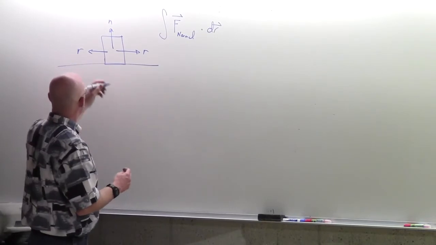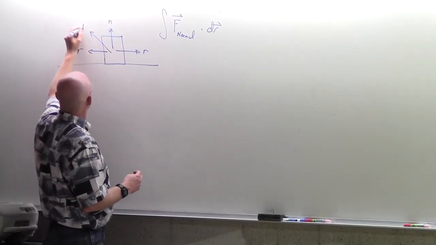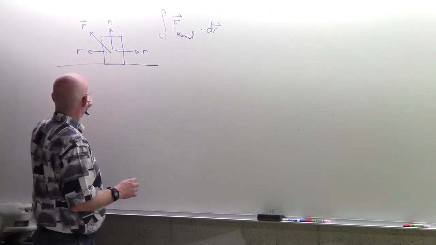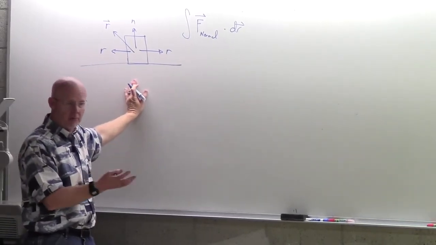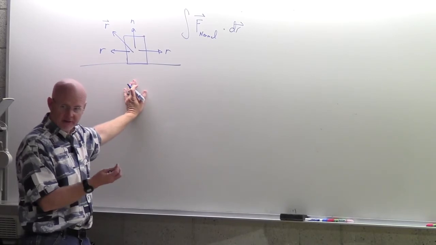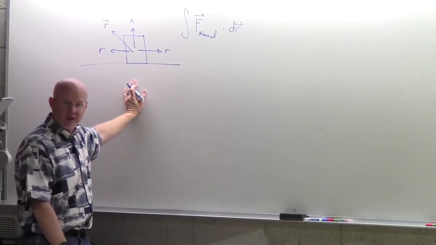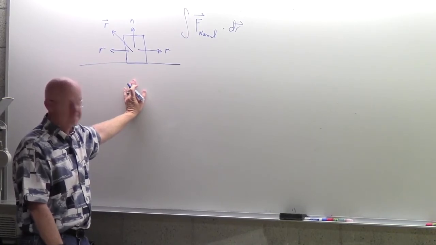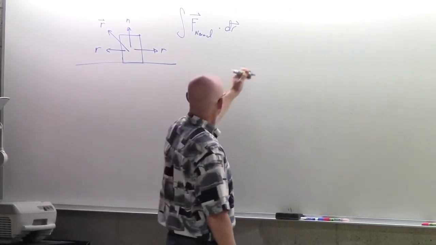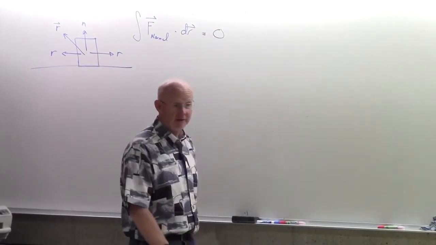If the object is moved maybe up at an angle, which of course means it's not touching the table anymore, so what happens to the normal force? 0. Can you think of any time it would not be 0? Yeah, I can't either. All right.